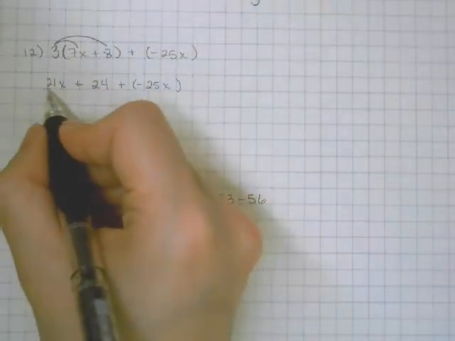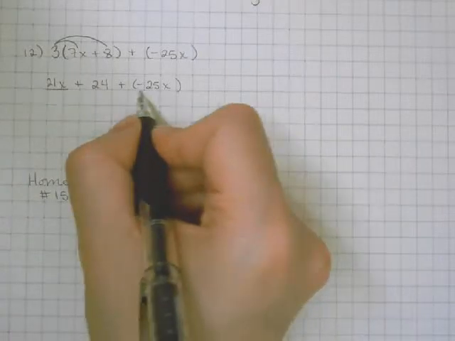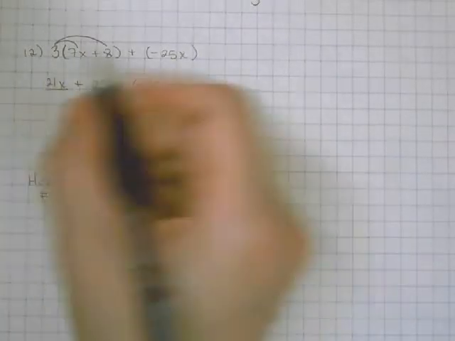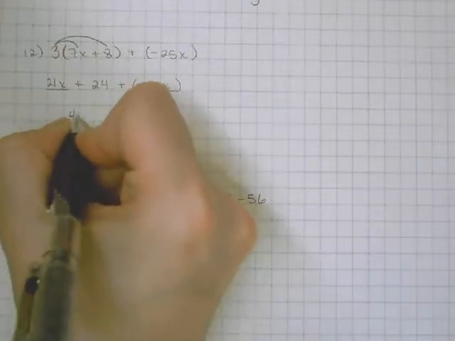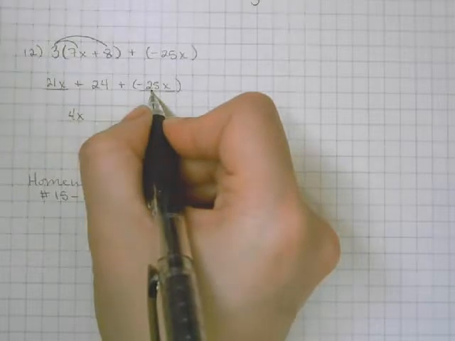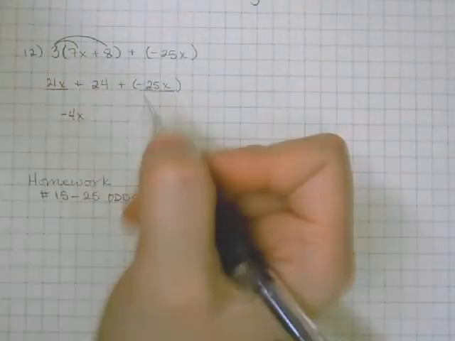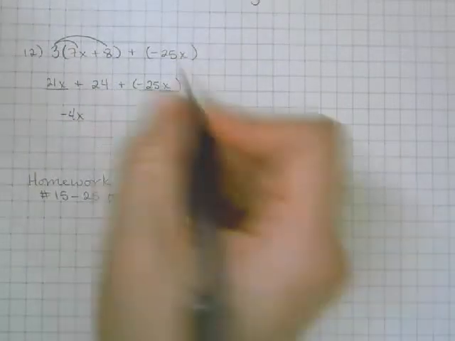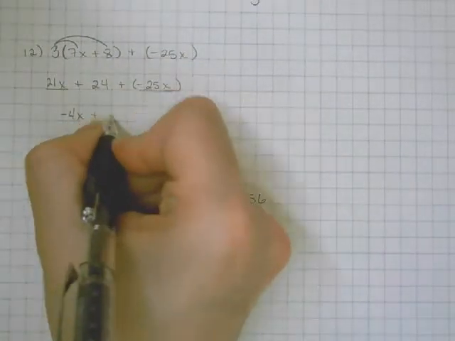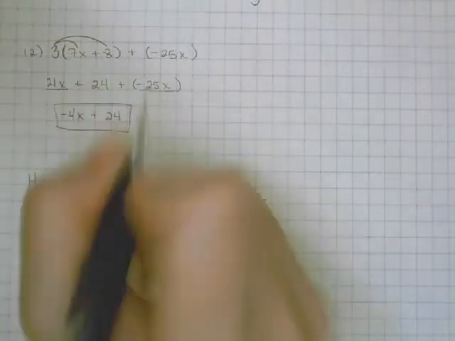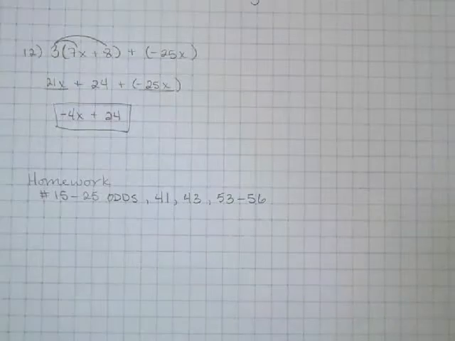So my like terms, 21x and negative 25x. 25 minus 21 is 4x. Because 25 is the bigger number and it's negative, it's going to be a negative 4x. I can't combine that 24 with anything, so I'm going to drop it down, plus 24, and that's as much as I can simplify number 12.